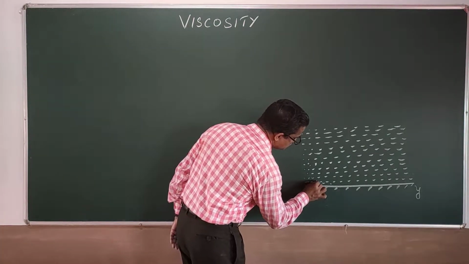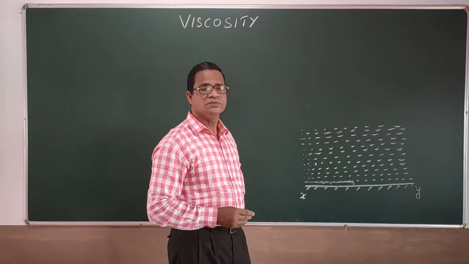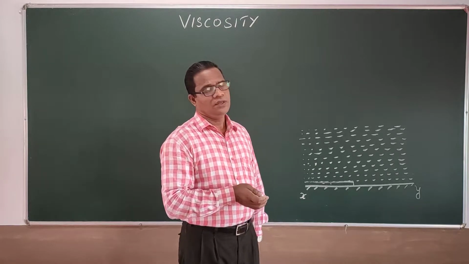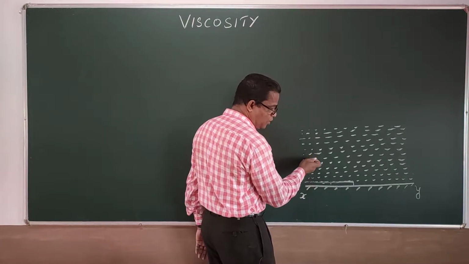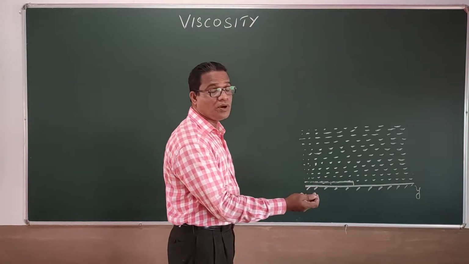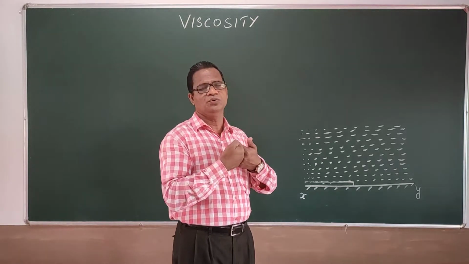For example, as you see this slow speed. So those particles are now forming a layer here. And the liquid particles moving above it are in contact with these slow moving liquid particles, and there will be a force of cohesion between the molecules.